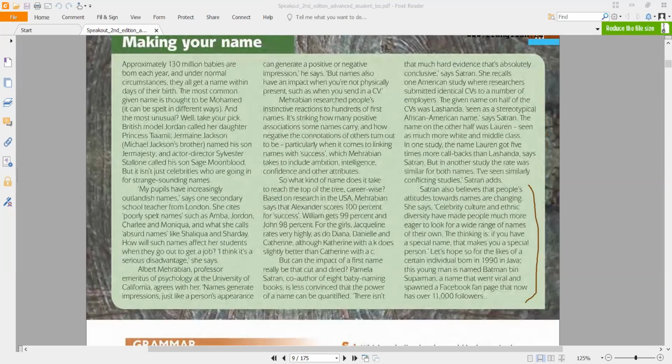Okay. Saturn also believes that people's attitudes towards names are changing. She says celebrity culture and ethnic diversity have made people much more eager to look for a wide range of names of their own. The thinking is, if you have a special name, that makes you a special person.